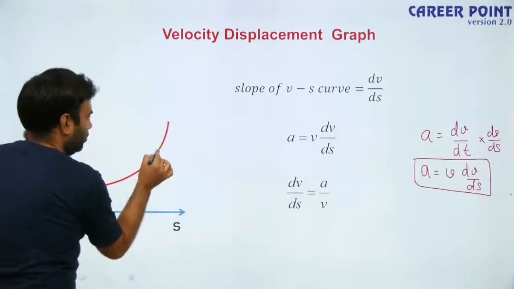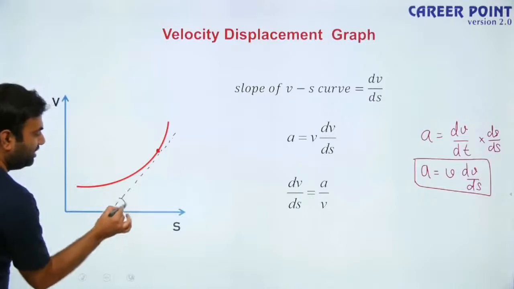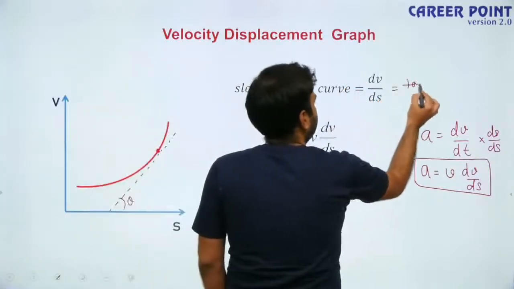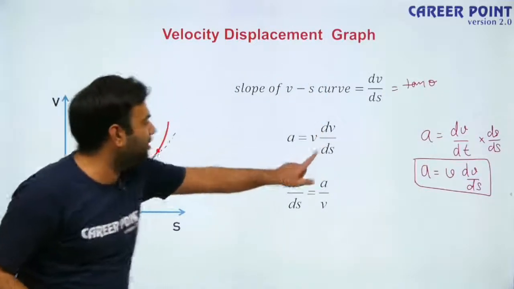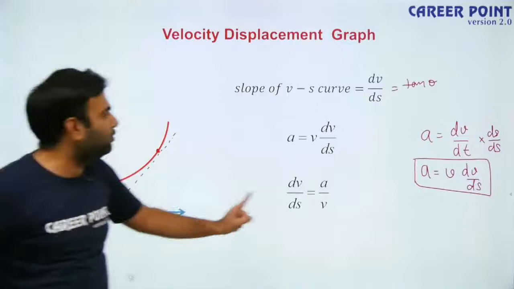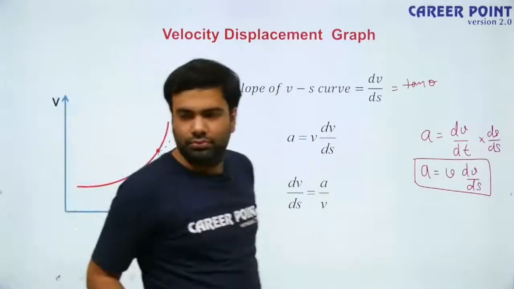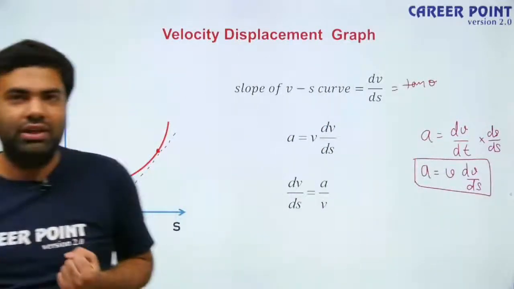Suppose I draw the slope at this point and this is angle theta, then the slope will be dv by ds, which is equal to tan theta. And we know acceleration is v dv by ds. So from this graph we can calculate the acceleration if we know the instantaneous velocity at any point. Now to understand it clearly, let us solve a question.